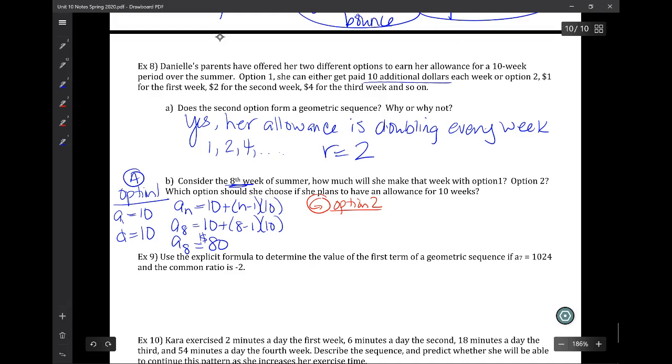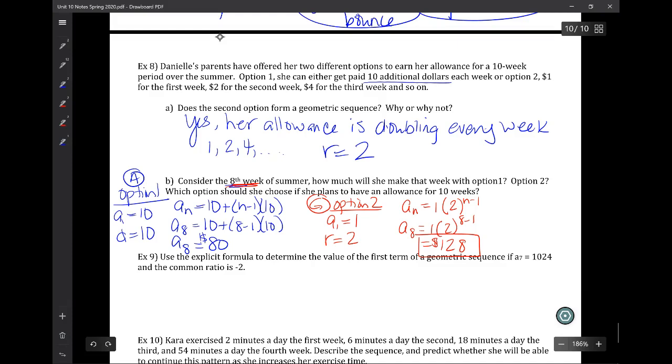Option 2, she's starting with $1, and her common ratio is 2. It's doubling. So AN is equal to her initial amount, common ratio to the n minus 1, and again, we want the 8th week of summer. And if I plug that in my calculator on the 8th week, she's actually going to be making $128.